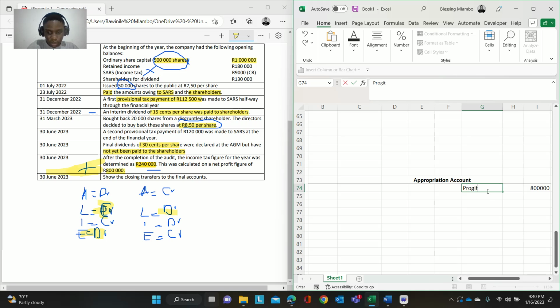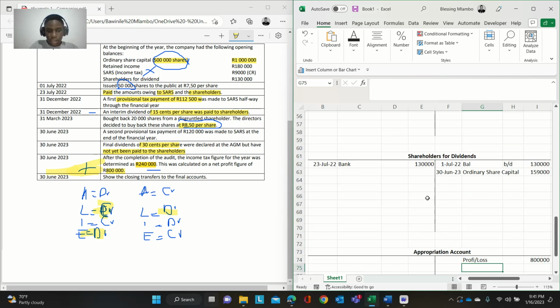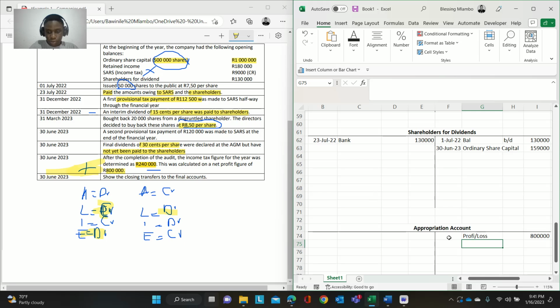Let's say this is from the profit or loss account, right? So we're going to distribute this profit to income tax, dividends, and lastly the retained earnings. So we just plug in that profit for the year. Let me just write the date, June 2023, and then go up.